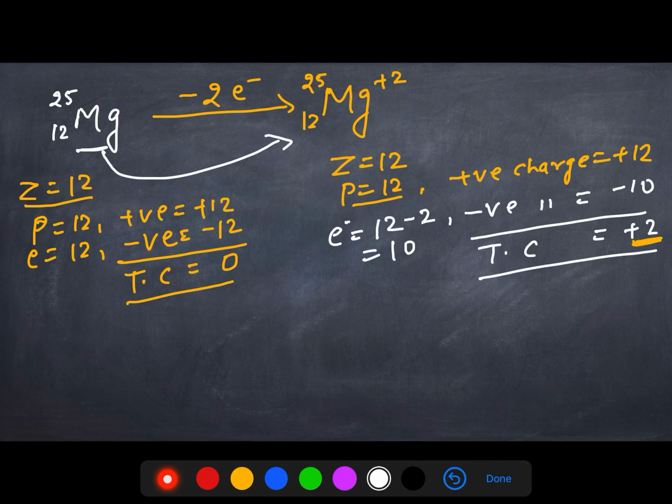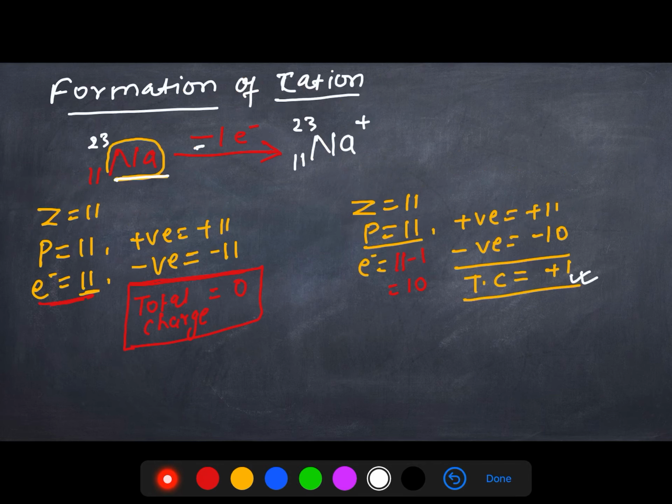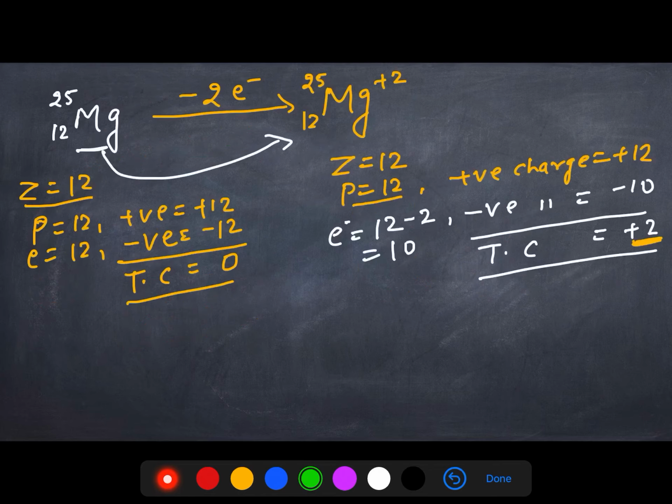So if you remove an electron from the neutral atom, it will always lead to the formation of cation, right? Now let's do the second observation. Sodium, when it lost one electron, developed plus one charge. Magnesium, when it lost two electrons, developed plus two charge.